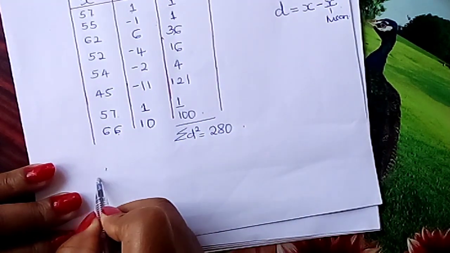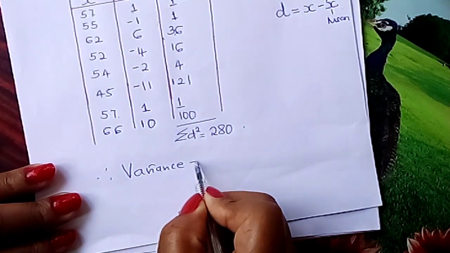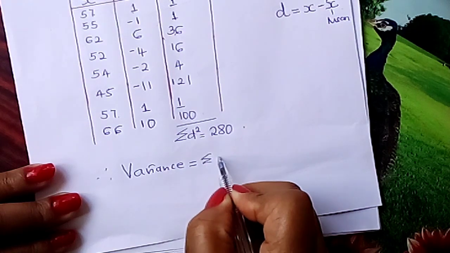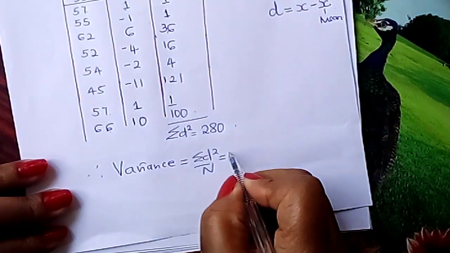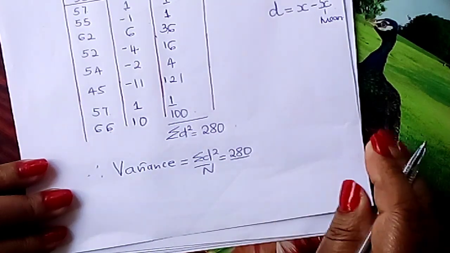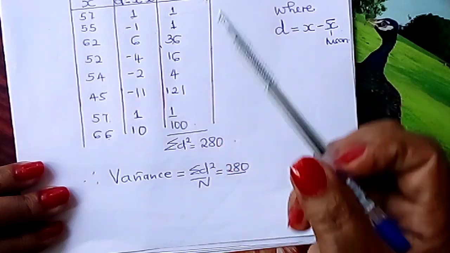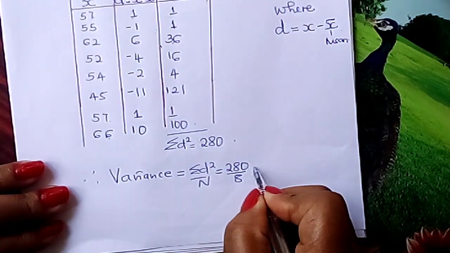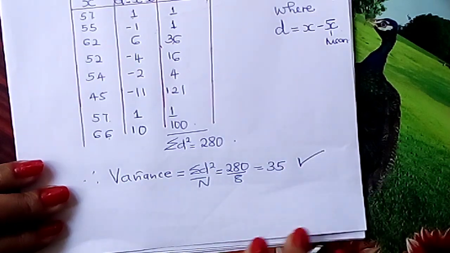And therefore, learner, the variance of this data is equal to the sum of d squared over n, which is equal to what, learner? 280 divided by the number of values. We are saying that we have 8 of them. 280 divided by 8, which gives us 35. That is the variance. Good.